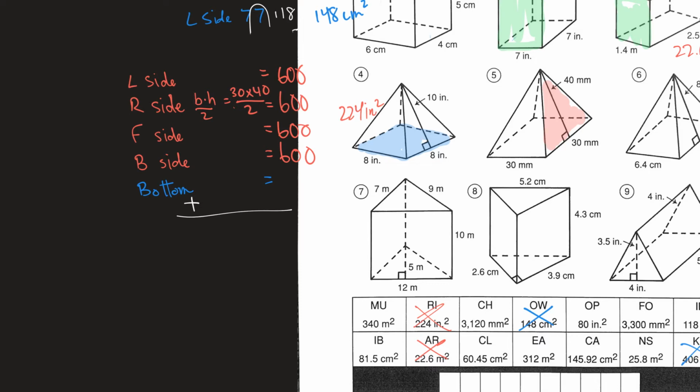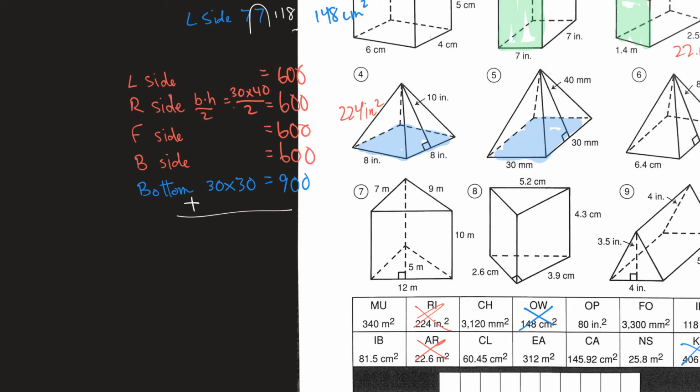And the bottom ends up being this area right here. So that bottom is 30 times 30. So the area of that bottom is 30 times 30, which is 3 times 3 is 9 with 2 zeros, 900.